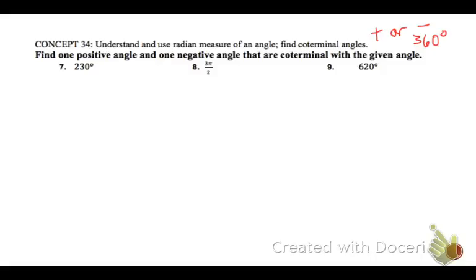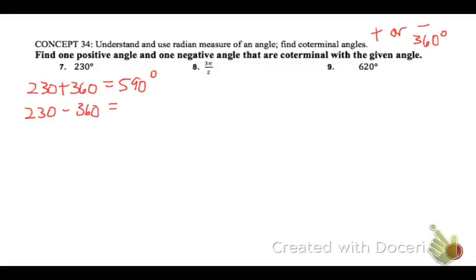So 230 degrees, we can start by adding 360 degrees. So that's an angle that has just one more rotation, or its full rotation past 230 degrees. So that would be the angle 590. It would begin and end in the same spot. To find a negative coterminal angle, we can subtract 360.